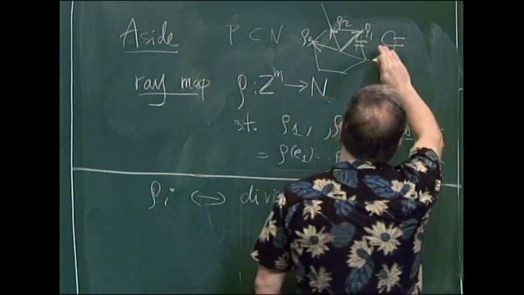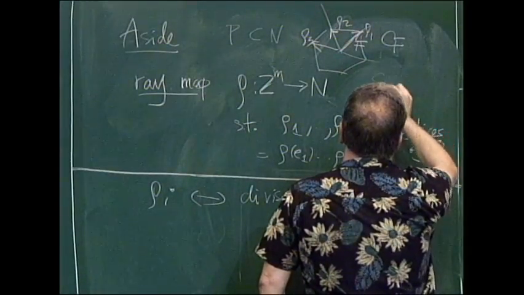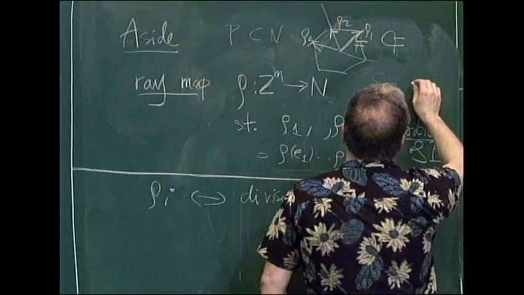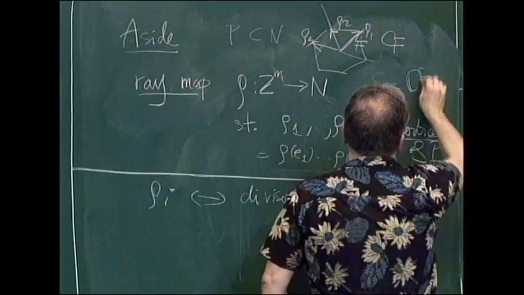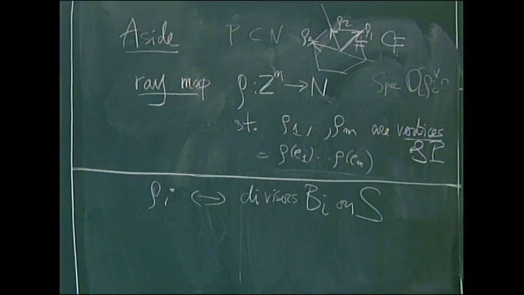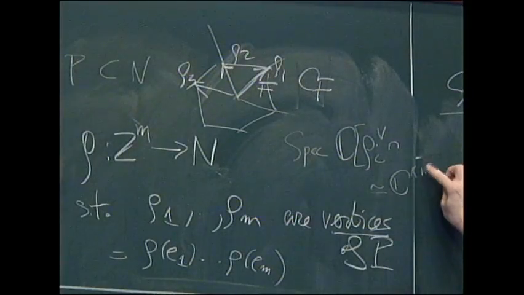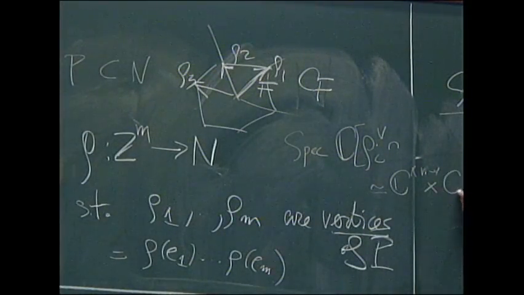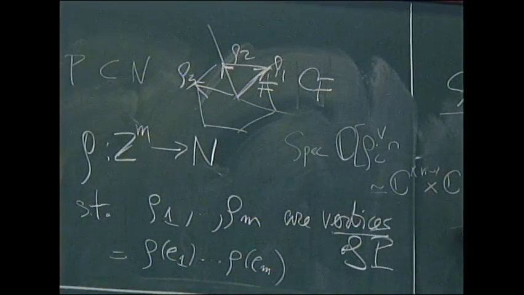And then if you look at one of these rho i's, then Spec of C rho i dual, that thing is, it turns out, isomorphic to C star to the n minus 1 times C. And so that's how you see a divisor in there, where this last coordinate is allowed to be 0.